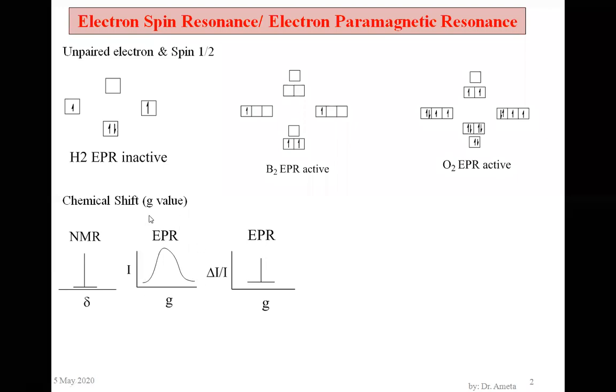And in EPR spectra, the spectrum is drawn between G and I value. I is the spin value, G is the chemical shift value. So if we want to change it into a sharp signal, then we have to take delta I by I. Then we will get the sharp signal.